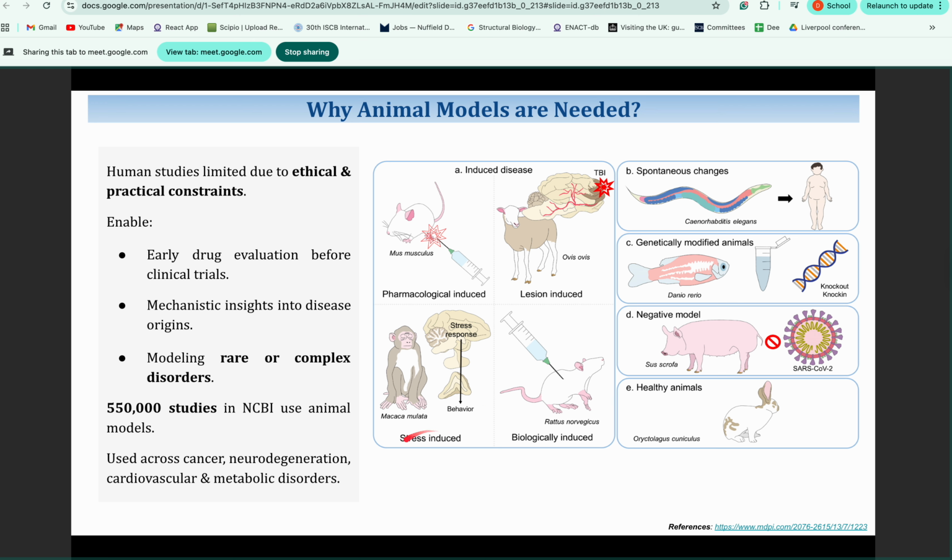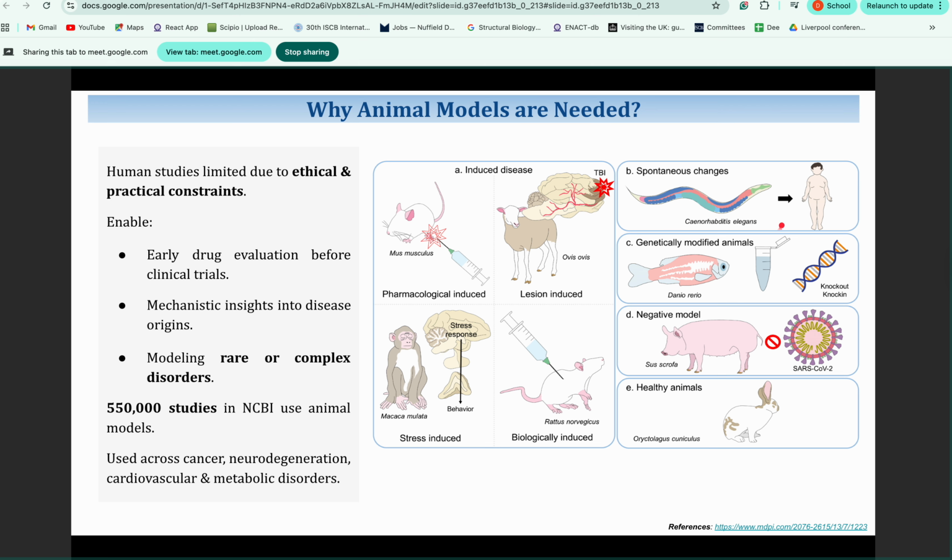It could also be stress induced, so we can keep the model in a stressful environment which leads to a change in behavior, or we can induce it biologically. Biologically we can supply something, such as in the case of rat, and we are inducing a disease state.